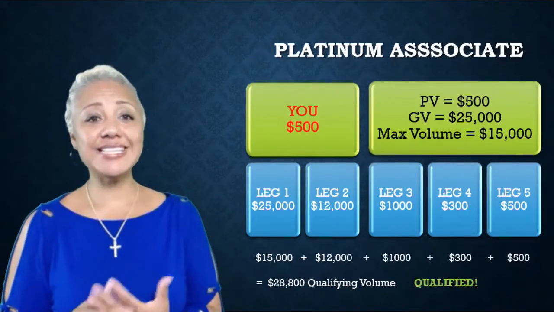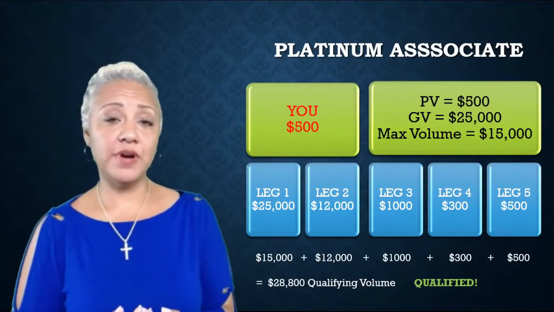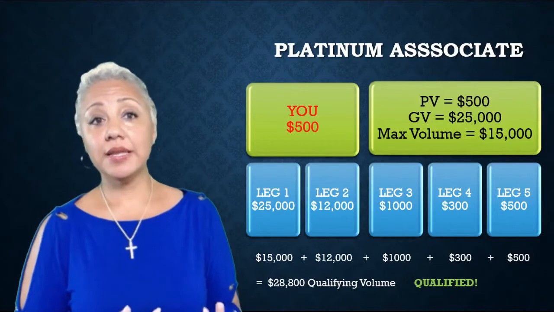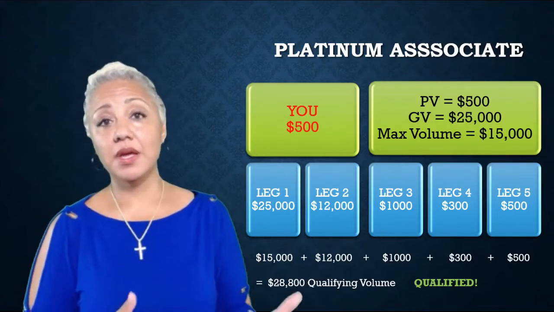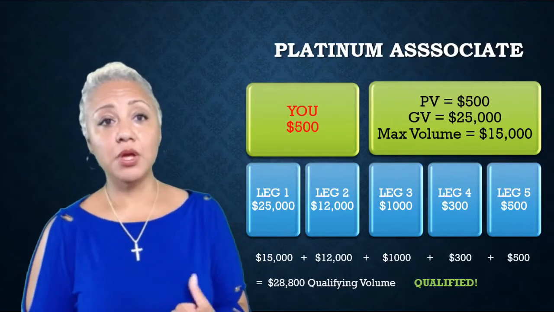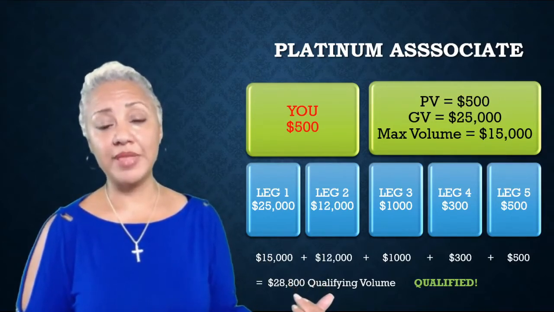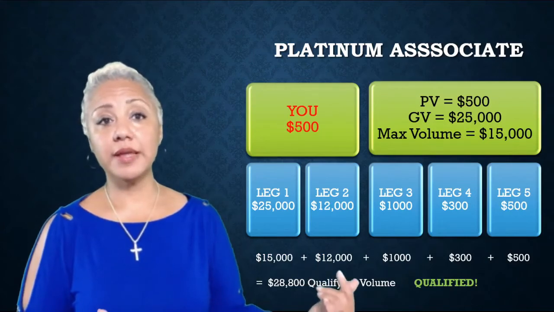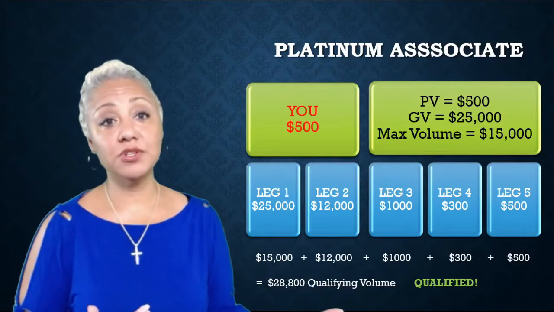However, if you take the same scenario and distribute the volume more evenly, let's say leg 1 still has 25,000, but leg 2 has 12,000, everything else remaining the same, you now have math that actually adds up to 25,000 or more, because leg 1, although 15,000 is being attributed, leg 2 has 12,000.